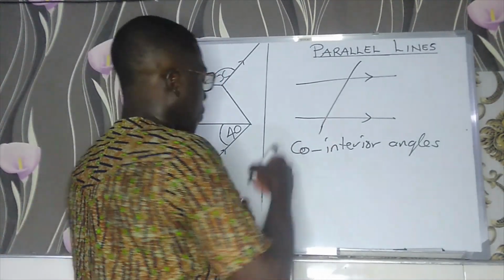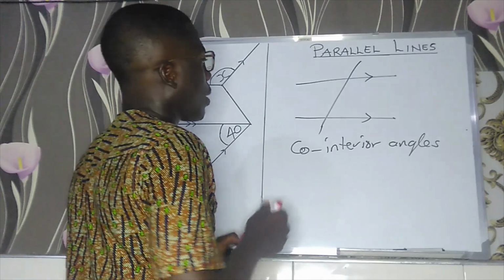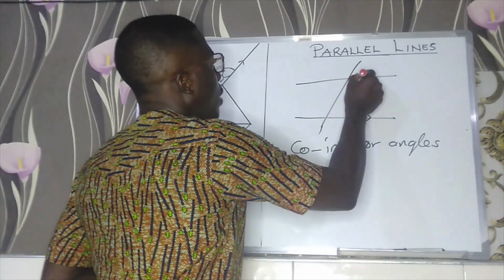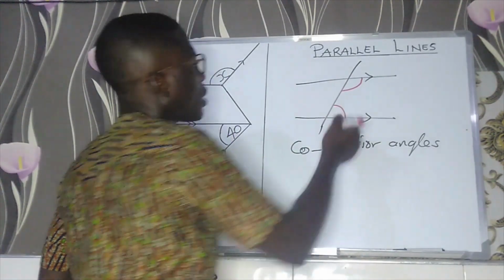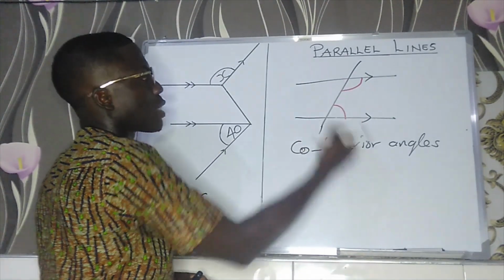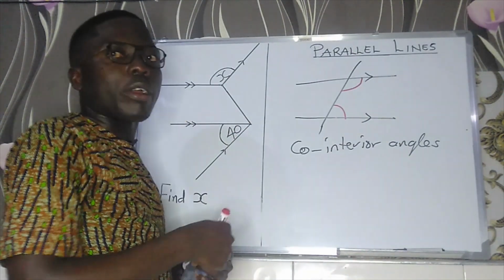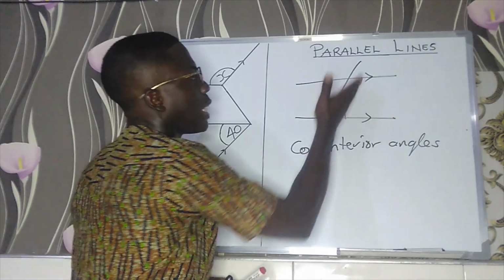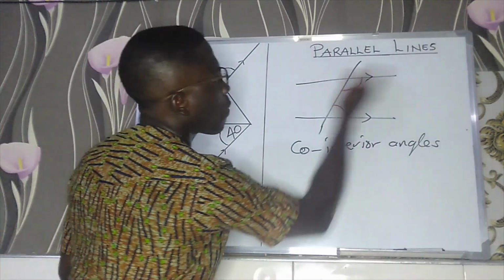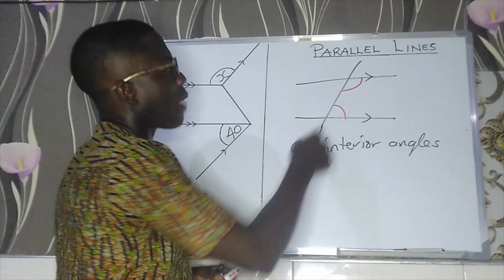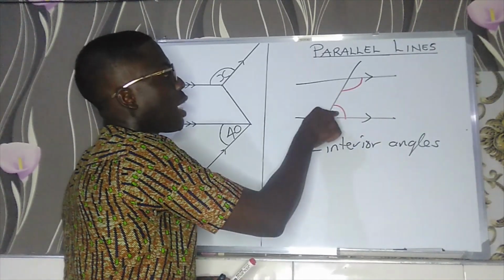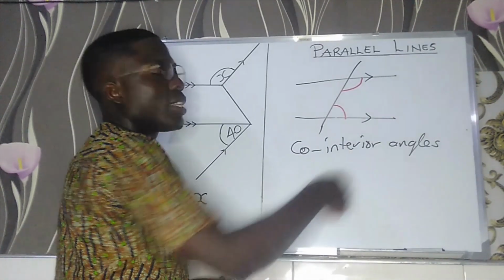So whenever you have angles within a diagram of this sort, this way, you could see all these two angles are within the diagram. So when they are within the diagram and they are at one side of the parallel line, then we are saying this and this are co-interior angles.